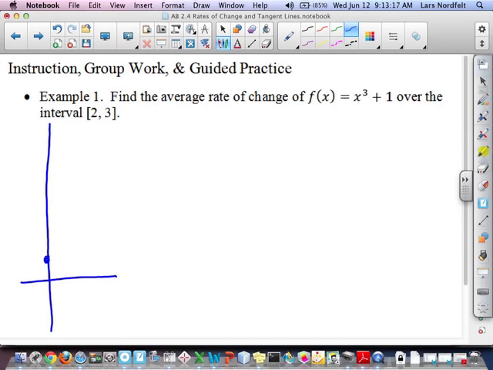It's going to go through this point. When x equals 1, the y value will be 2. When x equals 2, the y value will be 9.